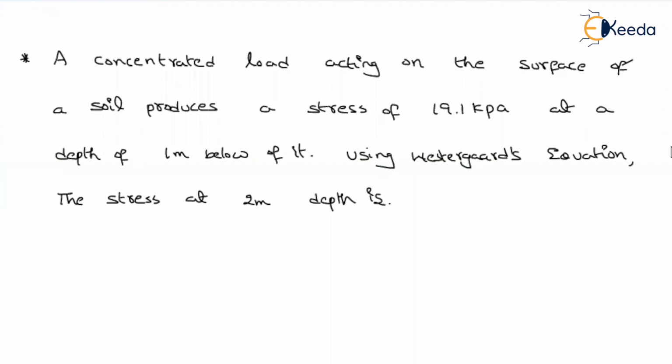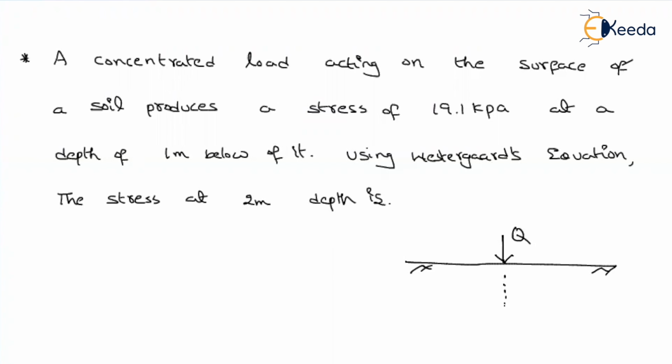So what are they giving? From the given question, it can be understood that stress is given directly at 1 meter below the loading. They are asking us to find the stress at 2 meter depth. Let us consider the ground surface, and assume there is some concentrated force Q acting here.